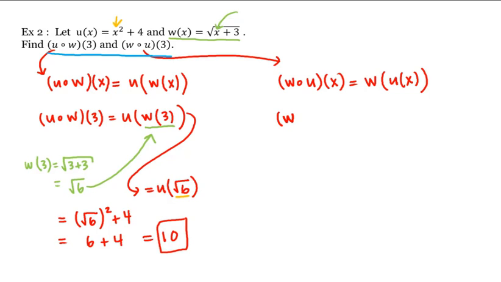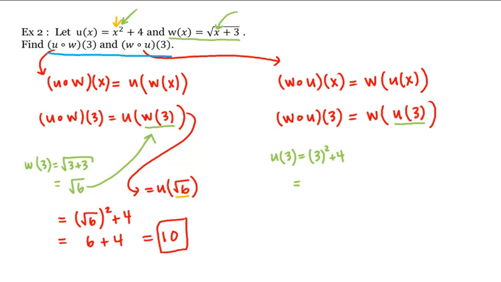All right, and what about w composed with u of 3? This is equal to w of u of 3. And what is u evaluated at 3? Looking back up here, we need to plug 3 in wherever we see an x. That is, u evaluated at 3 is equal to 3 squared plus 4, which is equal to 3 squared is 9, and 9 plus 4 is 13.